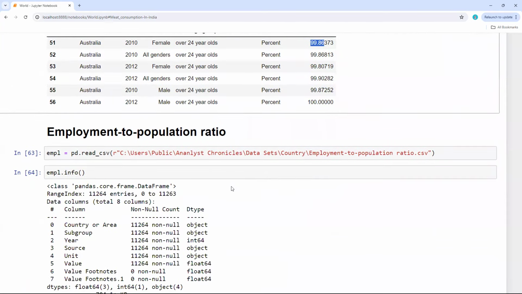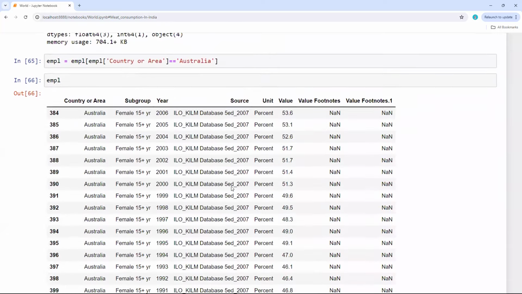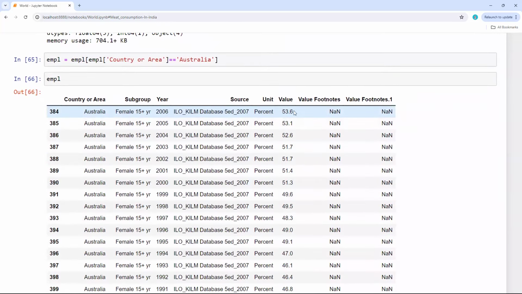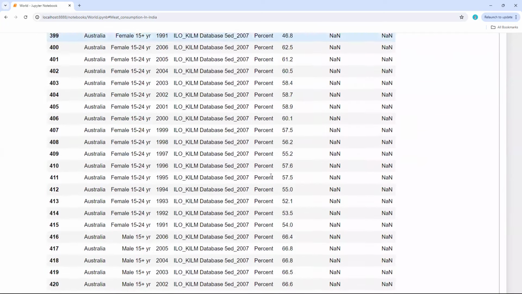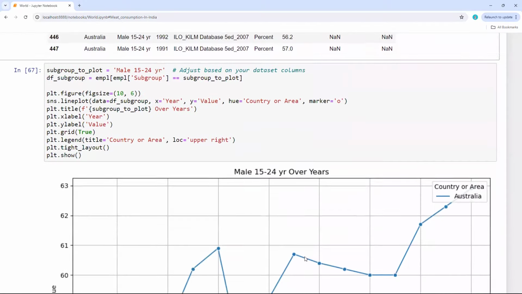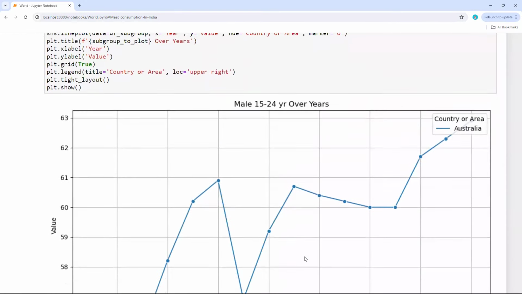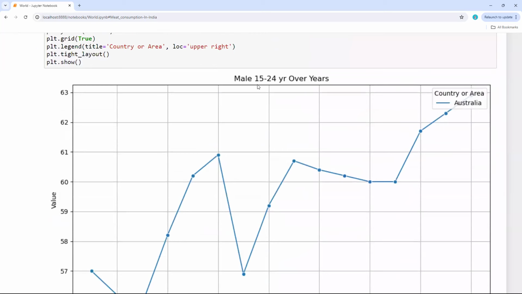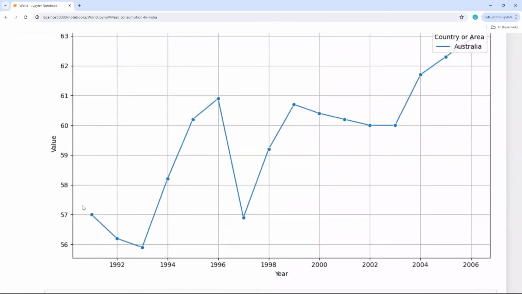And employment to population ratio, here you can see the population at 53% in 2007, and here you can see some nice details. For the male population from 15 to 24 years old, the unemployment rate is 57%, and it has been decreased then increased from 1994 to 96.